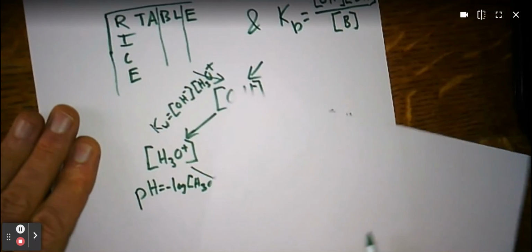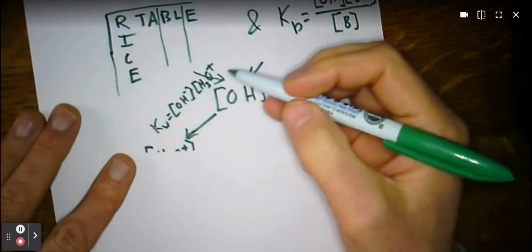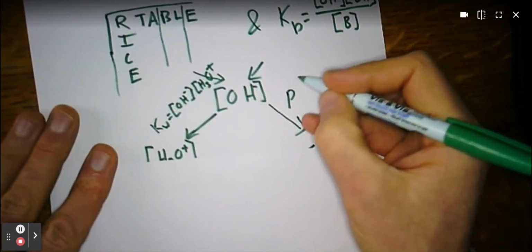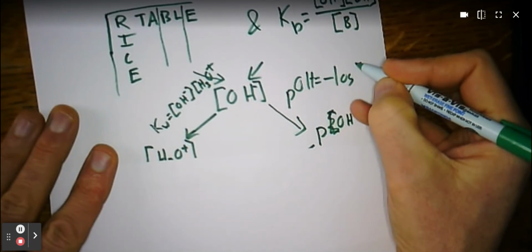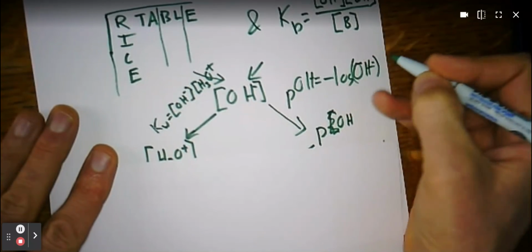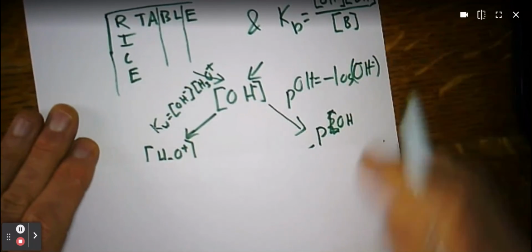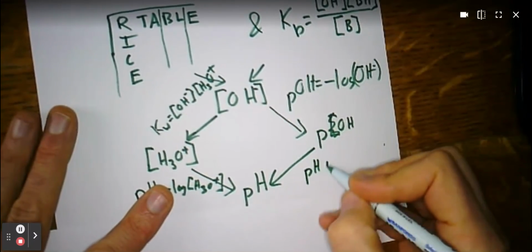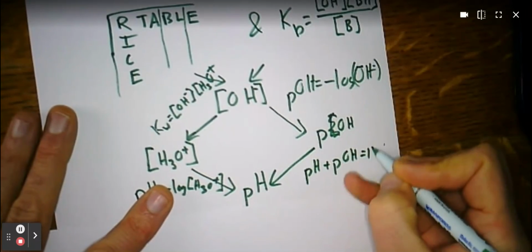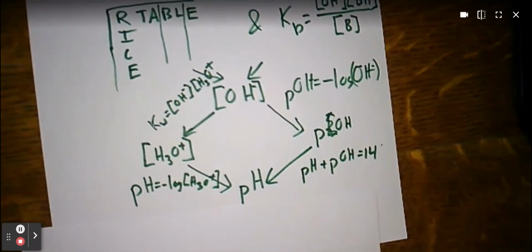Or you could get your pOH, the negative log of your OH- concentration, and then get to your pH from pH plus pOH equals 14. So that's the formula tree for weak acid and weak base. Now I'll use it for some examples in the videos below. I hope it's helpful. Bye.